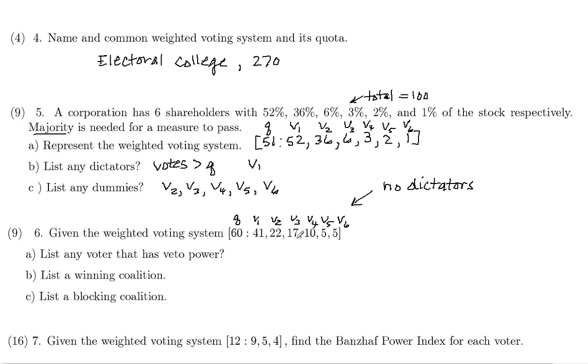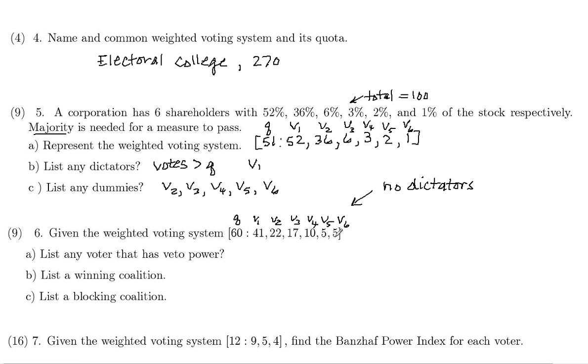The 41 and the 17 would not be enough to pass, because that'd be 58. You wouldn't have enough to pass. You'd have to add someone else in. So if you did the 41, the 17, and one of the 5s, then you could get a measure to pass, because 41 and 17 would be 58, and then a 5 would push it up to 63.